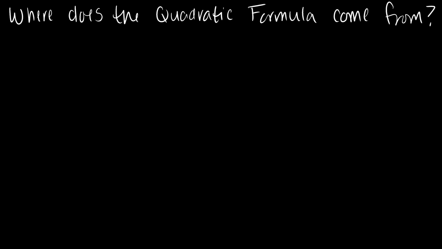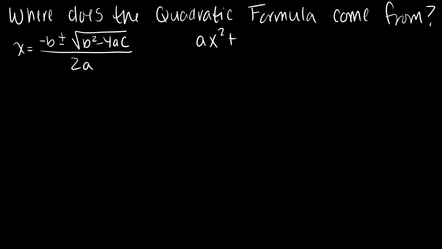But what bothers me a lot of times in math classes is that we have the quadratic formula: the opposite of b plus or minus the square root of b squared minus 4ac, all over 2a. Your teacher will give that to you to solve a quadratic equation.